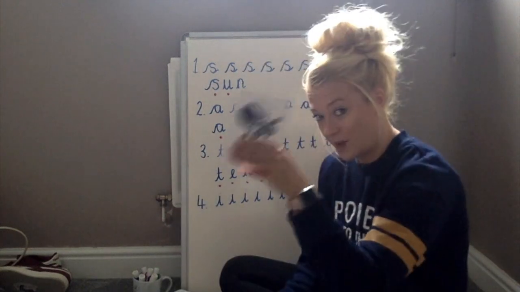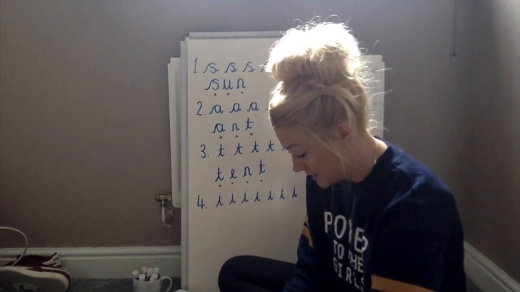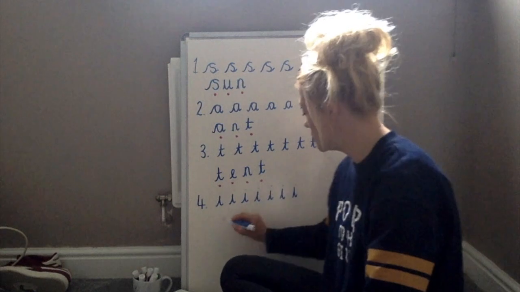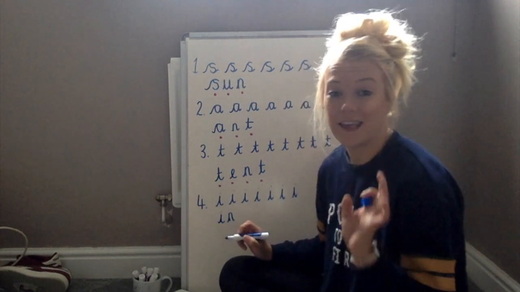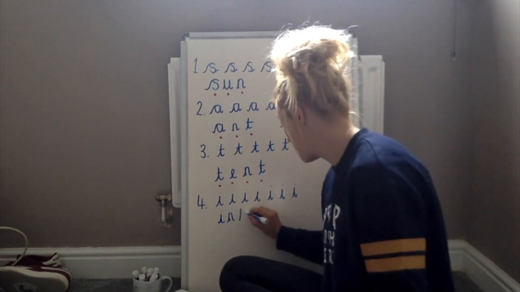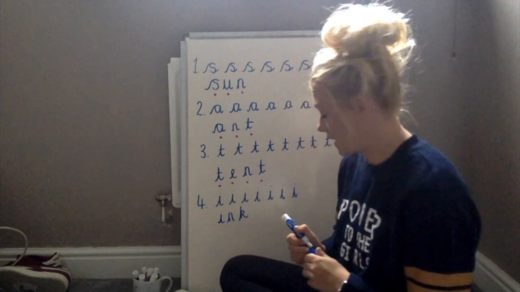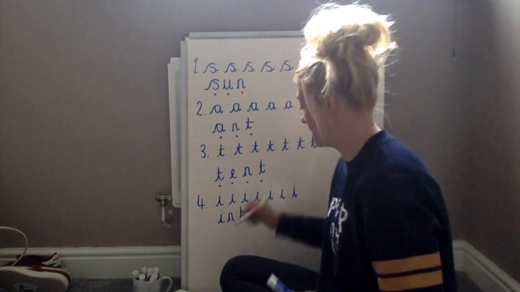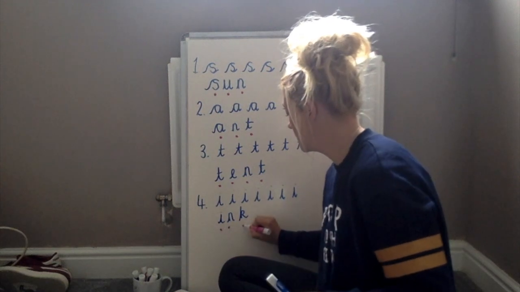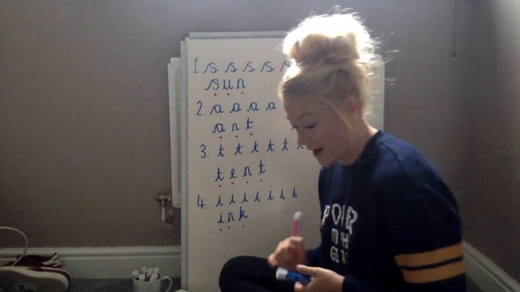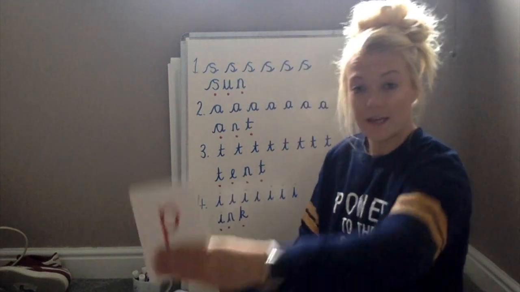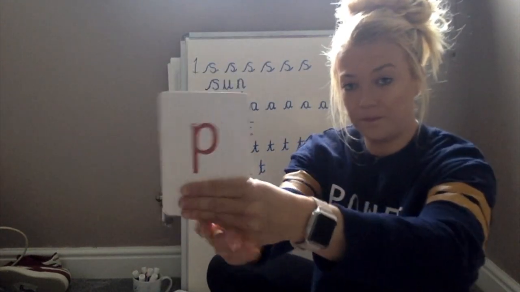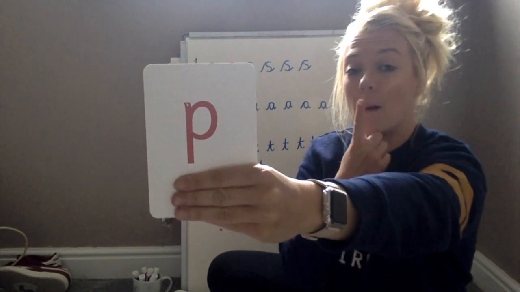Okay, so ink. Hopefully you've got that written down. And we should have wrote I, n, and it's a kicking k. K, k, k. I, n, k. Ink. All right. Brilliant.